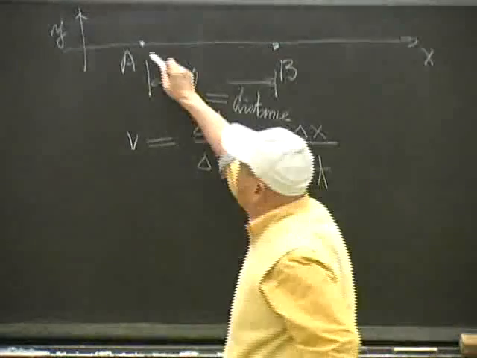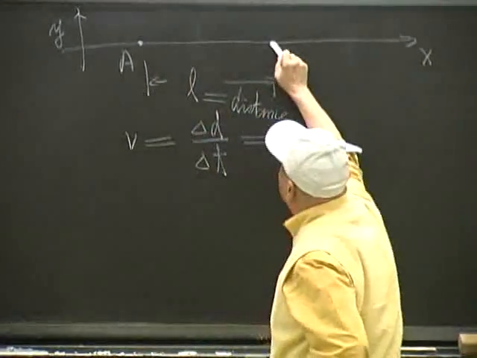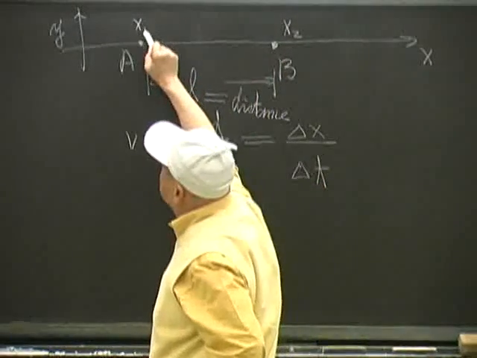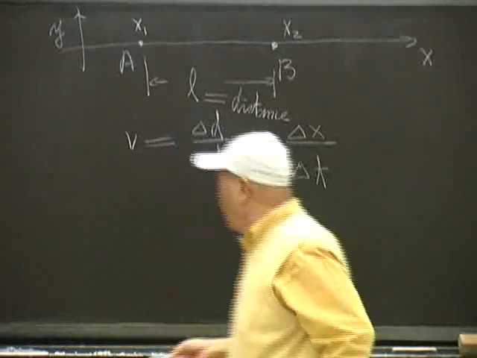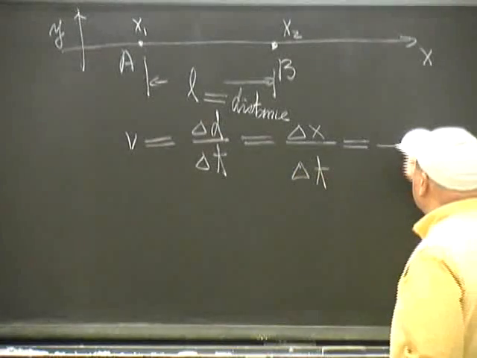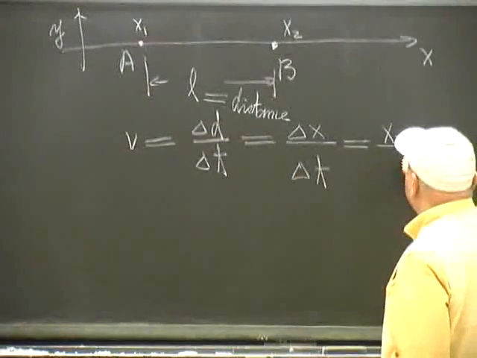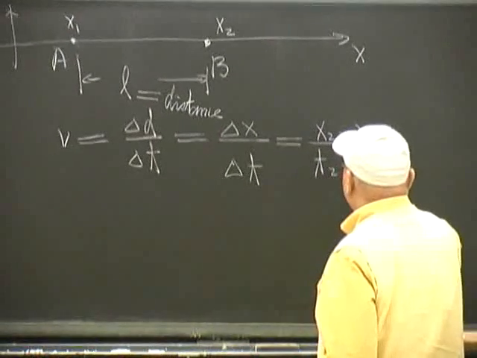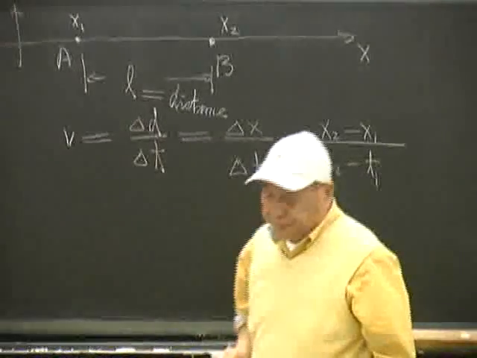We say the B location is x2 and this location is x1. So another written form is x2 minus x1 over t2 minus t1. So this is speed.